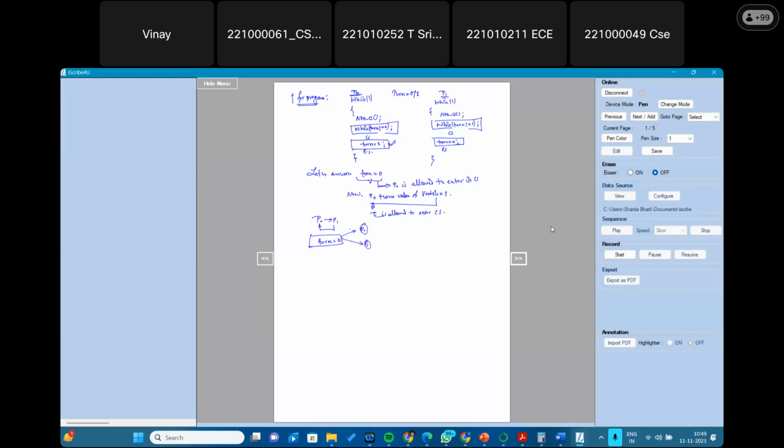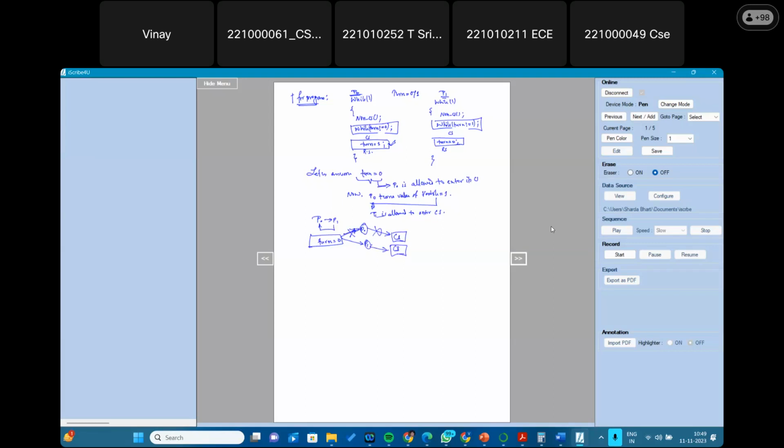P0 does not want to execute its critical section, but P1 wants to execute its critical section.